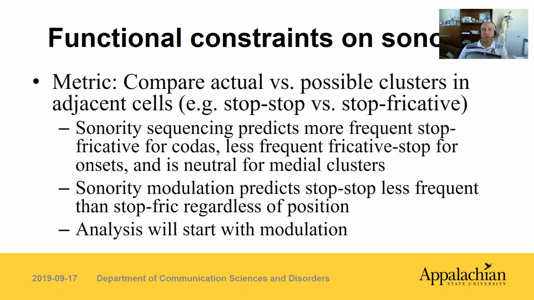Sonority sequencing would give us more frequent stop-fricatives in cases of onsets where sonority rises, less frequent fricative-stop combinations for onsets where sonority falls, and for medial clusters that would be relatively neutral, since the consonants could be associated with separate syllables. Sonority modulation would predict that the stop-stop combinations should be less frequent than stop-fricative combinations, regardless of where we find those combinations. I'll start the analysis with modulation, because that's actually a little more straightforward to look at.